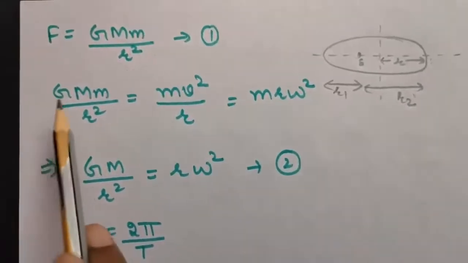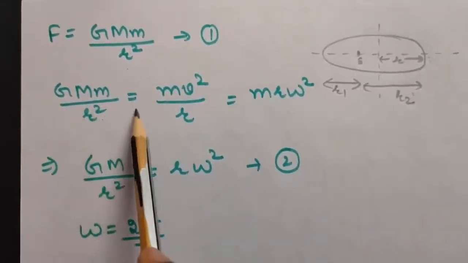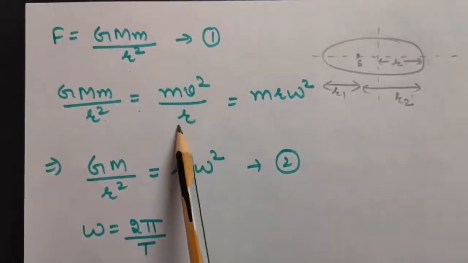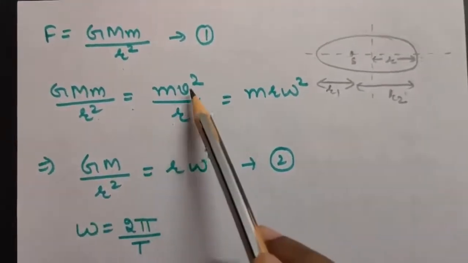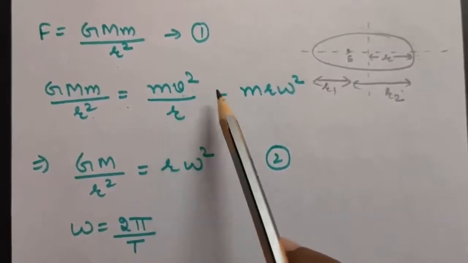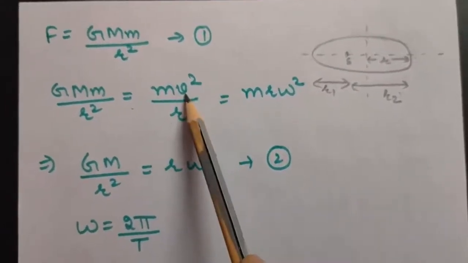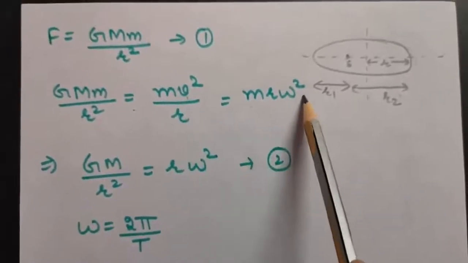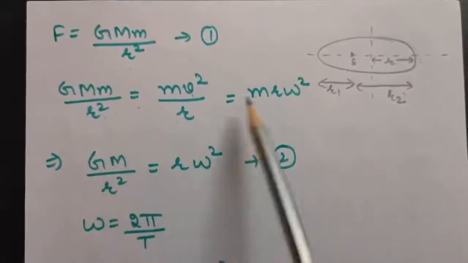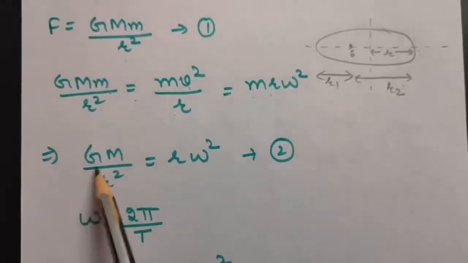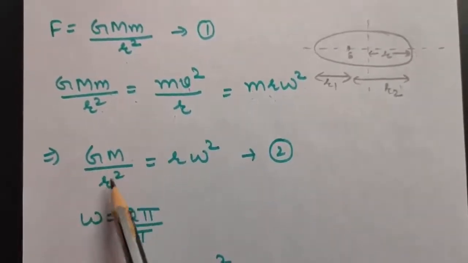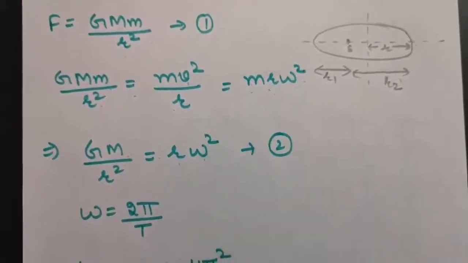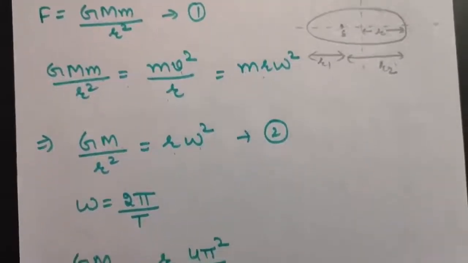So G M m upon r square equals m v square by r. Now v is written as r omega. If you put v as r omega, you will get m r omega square. Small m will cancel out from both sides, so you will get G M upon r square is equal to r omega square. Mark it as the second equation.